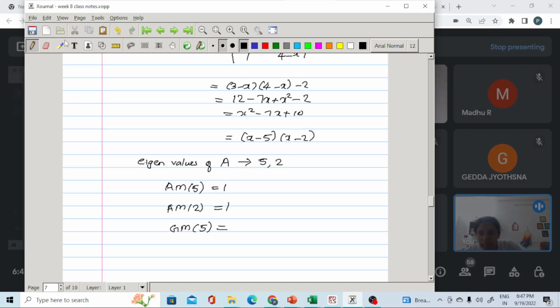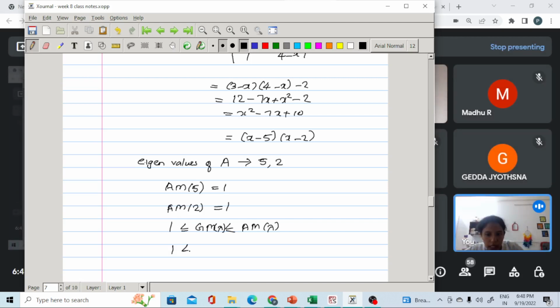Okay. We have one relation. In the class, sir already talked about this. For any lambda, any eigenvalue, the geometric multiplicity will be less than or equal to the algebraic multiplicity, and the geometric multiplicity will be greater than or equal to 1.